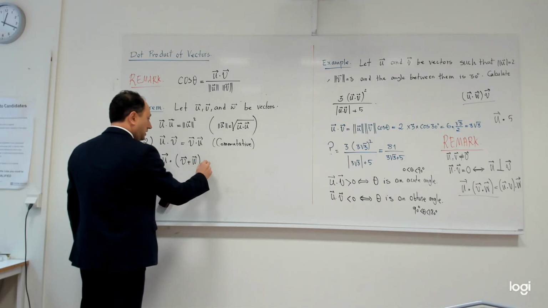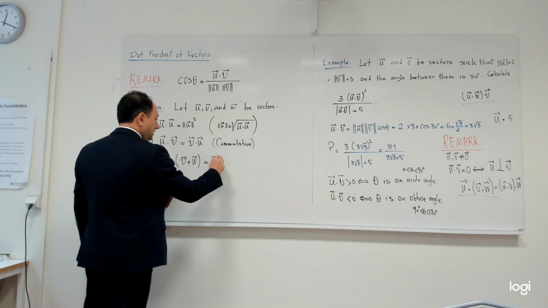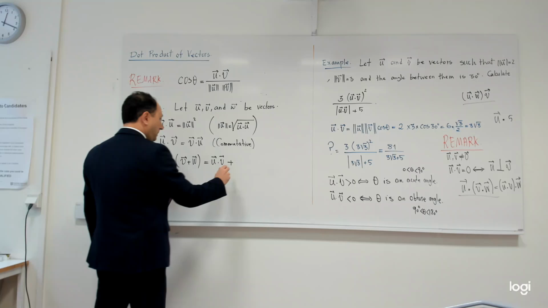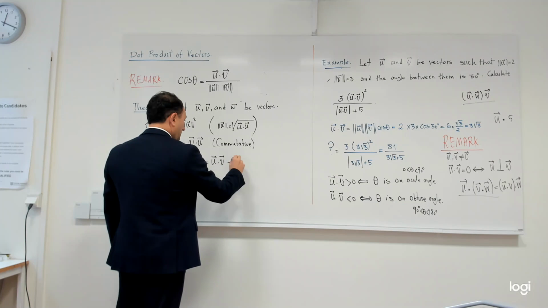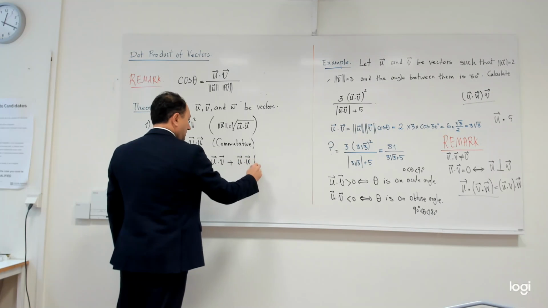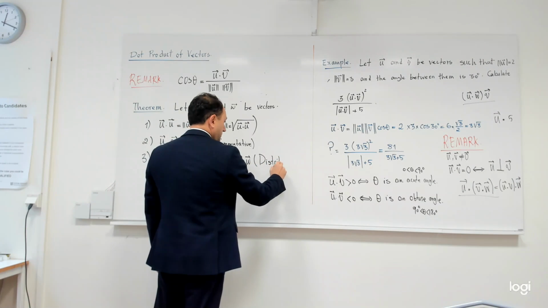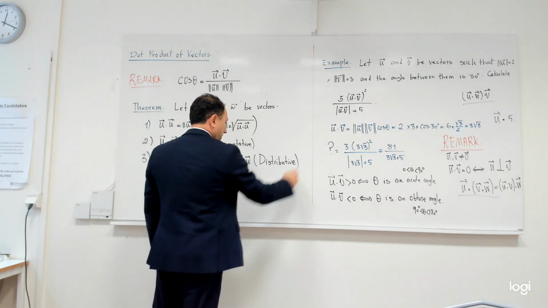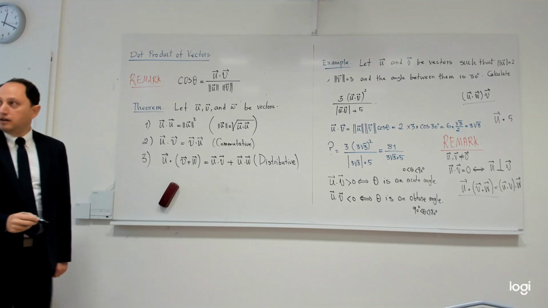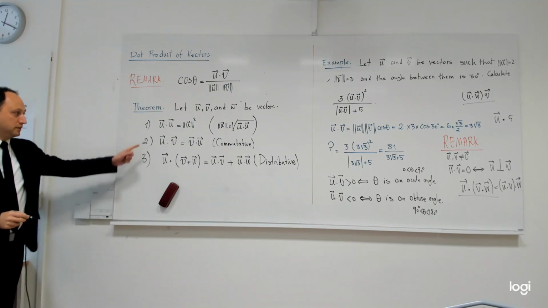So I can write U dot V plus U dot W. Distributive, yes. That is correct. But the proof is harder than the previous one.